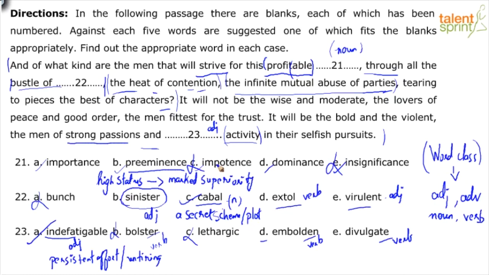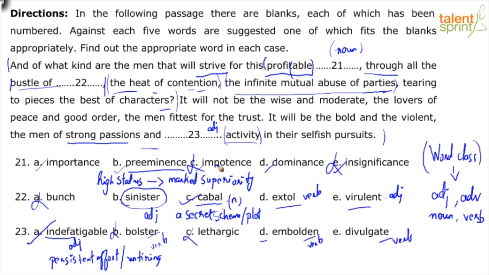Now in the first three blanks, if you noticed, we looked at the most effective word, at least for the first blank. Though we could safely eliminate two wrong answer options, we had three answers from which we picked the most effective word, keeping in mind the context and the clue words, right? Striving for something profitable. Then we looked at the second one, we applied word class, we eliminated all the other wrong answer options, right? Adjectives and verb forms, we needed a noun form.